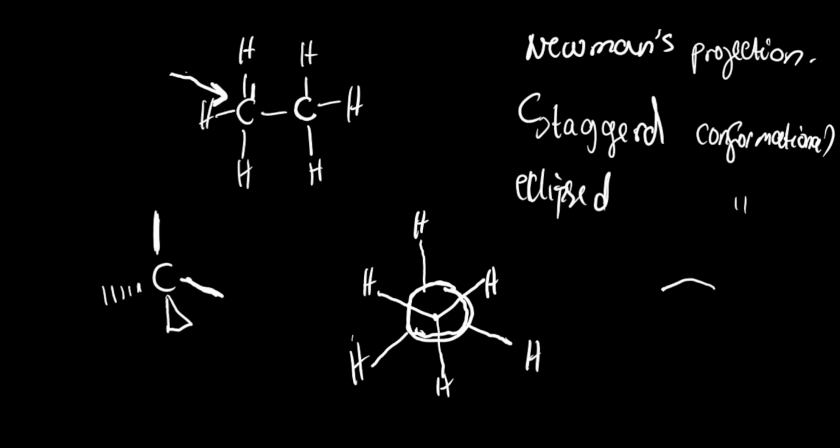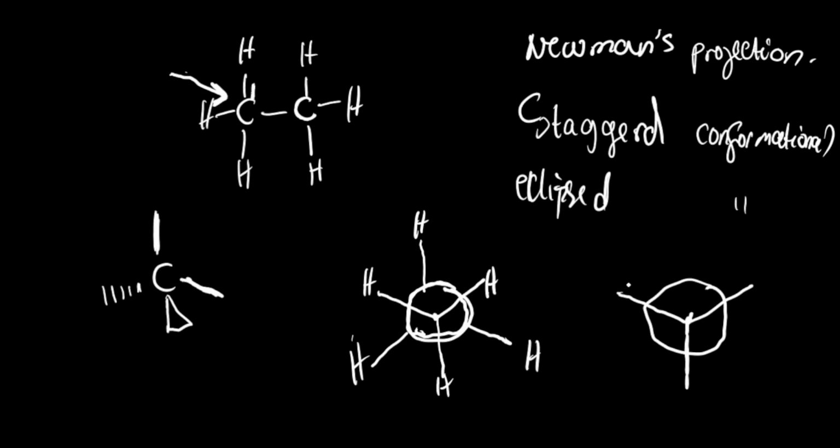We could also have something that looks like this, which would be the eclipsed conformation, whereby the atoms that are bonded to the carbons are eclipsed. So they eclipse one another. Take for instance, we have our carbon 1, which we're representing as the dot here.